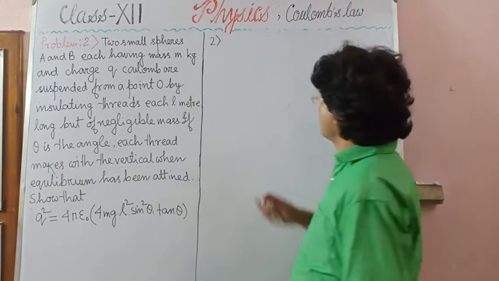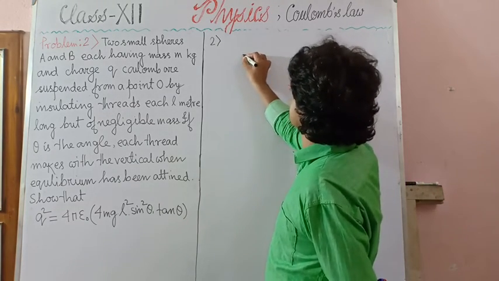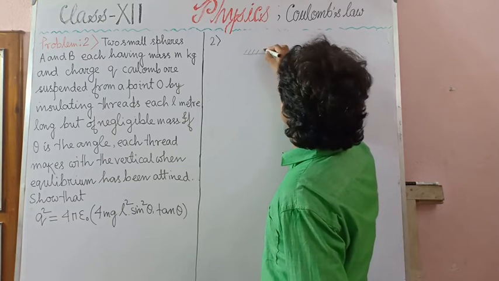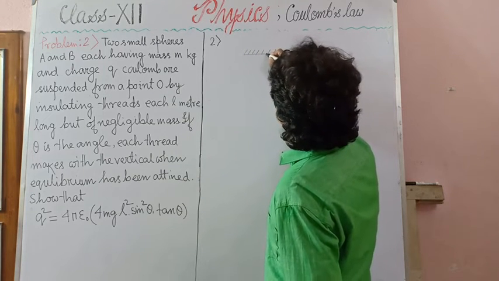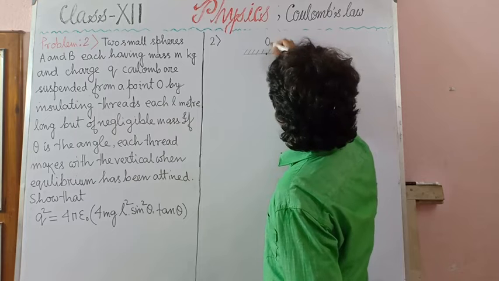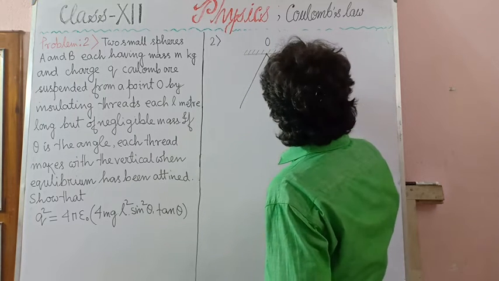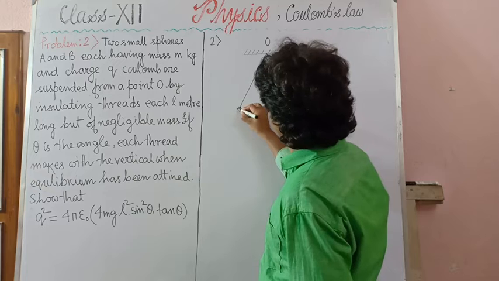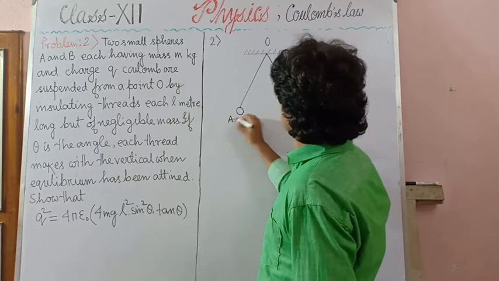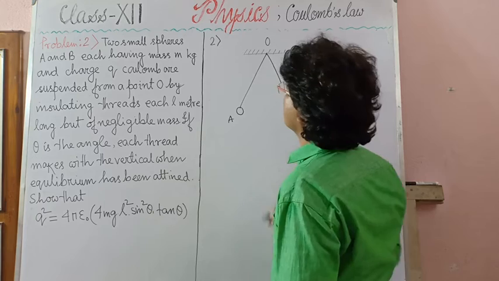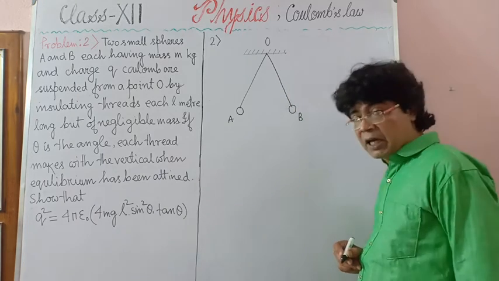Now, what is the situation in equilibrium? O is the point of suspension. These are the two threads. A and B are two small spheres.